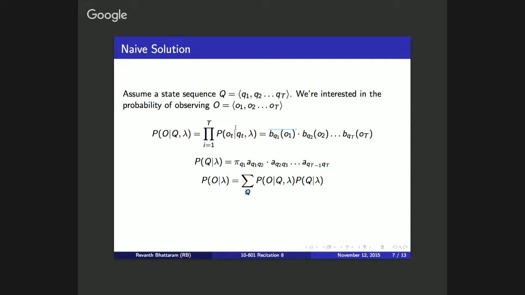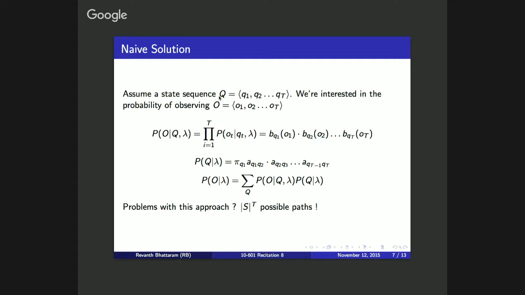Let's say there are S possible states that Q1 or Q2 or QT can take. In that case, the total number of possible state sequences is going to be equal to S to the power T. So you have to look at S to the power T possible paths. You have to compute the probability for each one of them, and then you have to finally sum them up.